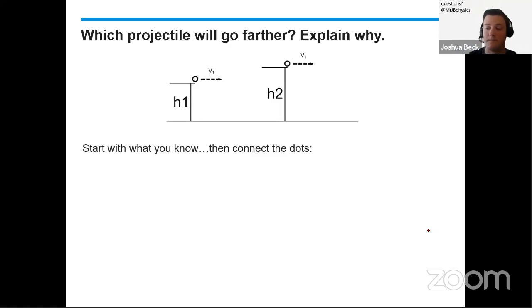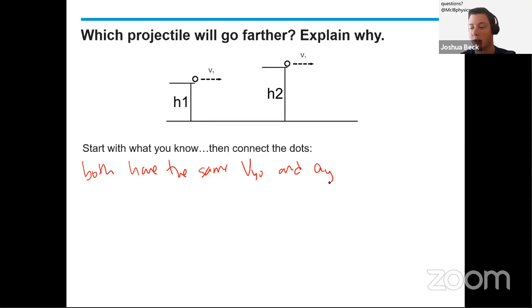Both of these have the same vertical velocity in the beginning and vertical acceleration, but something's different.